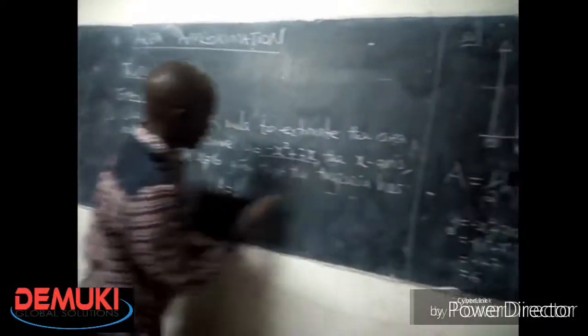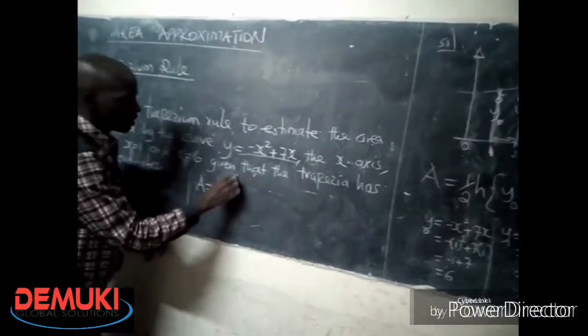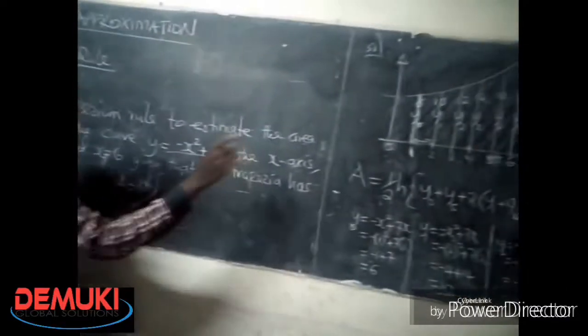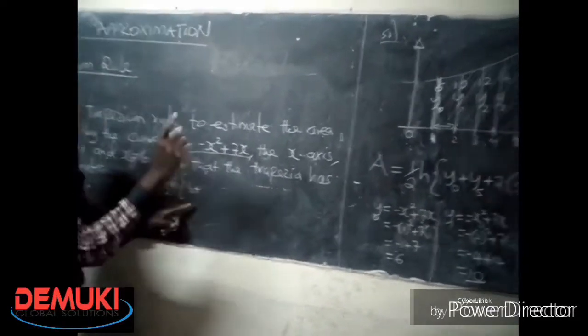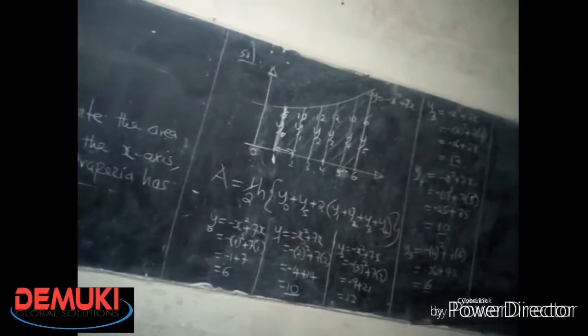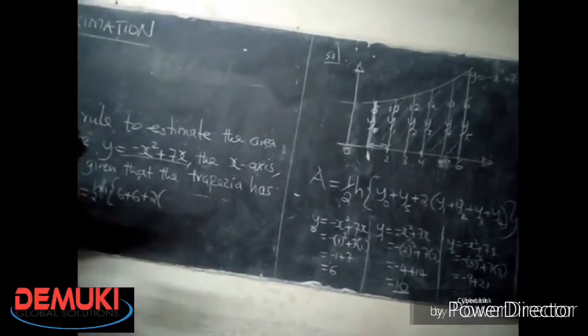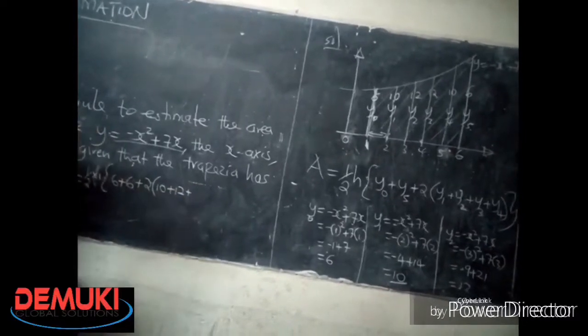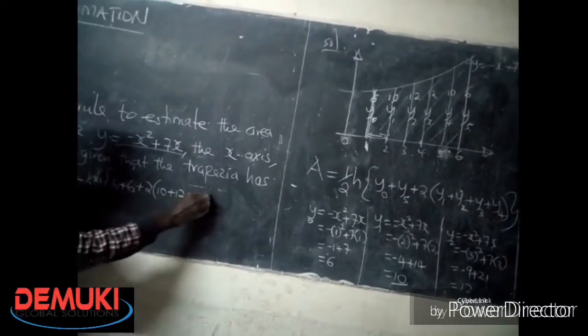My width h is 1, so it's half times 1, then into the first ordinate. The first one is 6 plus the last one, 6, then plus 2 into 10 plus 12 plus 12 plus 10.